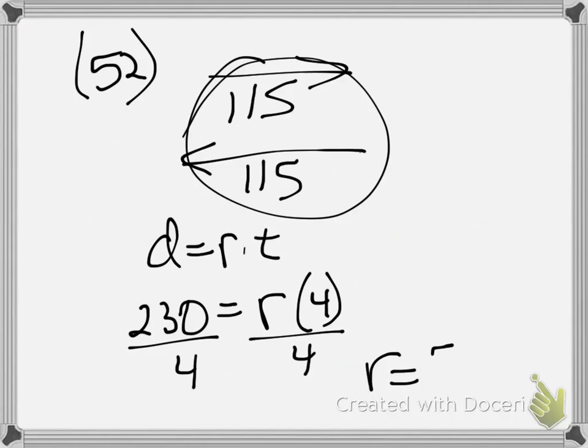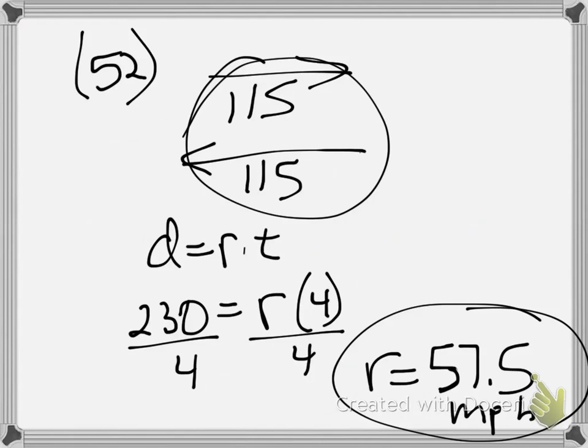And I'm going to get 57.5. So the rate was 57.5 miles per hour, which is really slow if you're on a highway. But if your grandmother, for some reason, lives in town and it takes you 115 miles to get there, then maybe that would be reasonable.